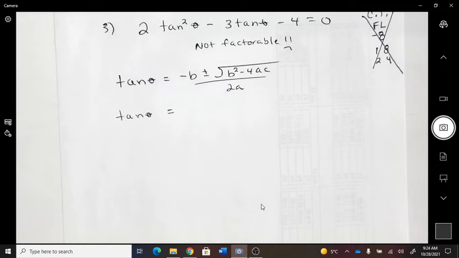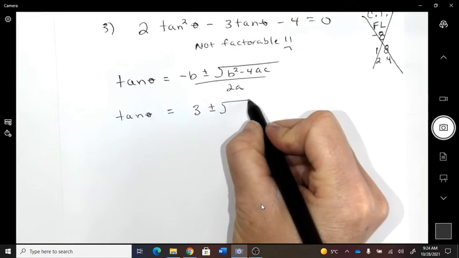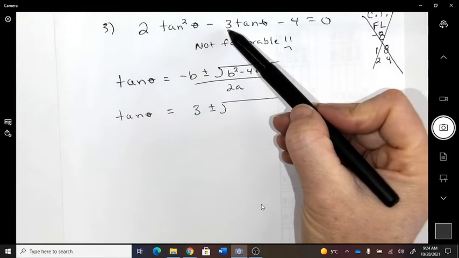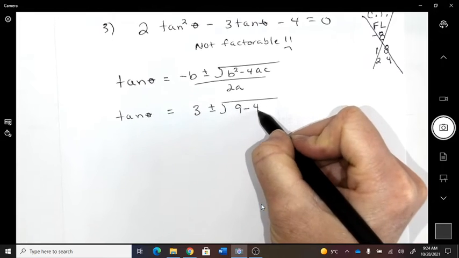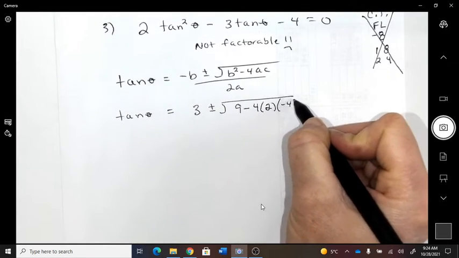Negative b, so the opposite b number, so positive 3. B squared should make 9. Subtract 4 times the 2 times the negative 4.